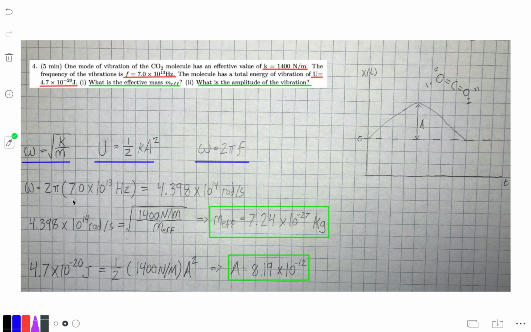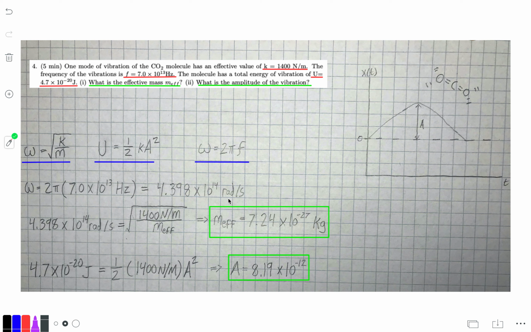Getting into the problem, using this last equation, we can solve for the natural frequency, which is 2 pi times our frequency, and we're left with this number in radians per second.